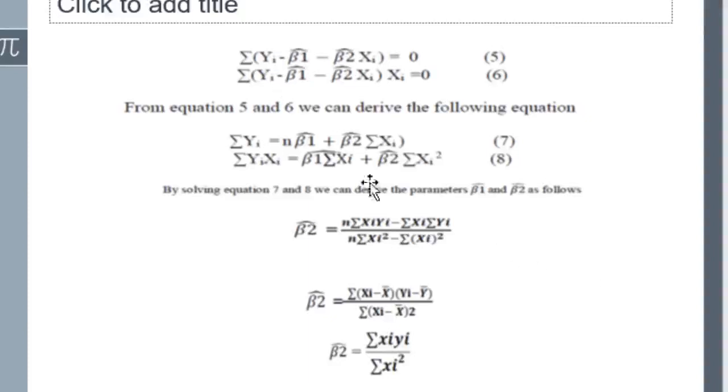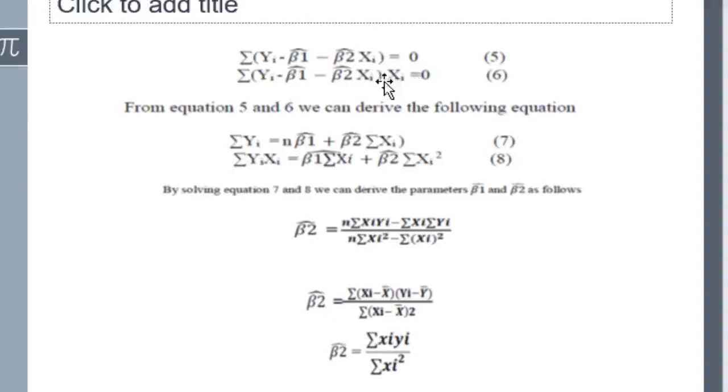Here x plus x plus x is 3 numbers, so the number is 3 into x. Similarly, the sum of beta 1 cap is n into beta 1 cap, the sum of this constant. Then for beta 2, we have a variable, therefore we take the sum of that variable, that is sigma x.